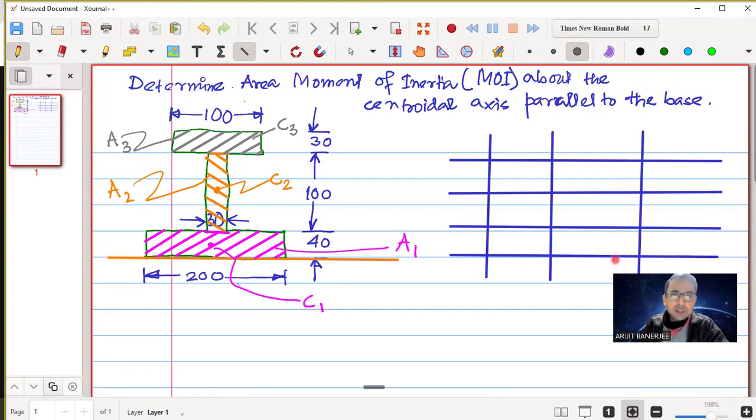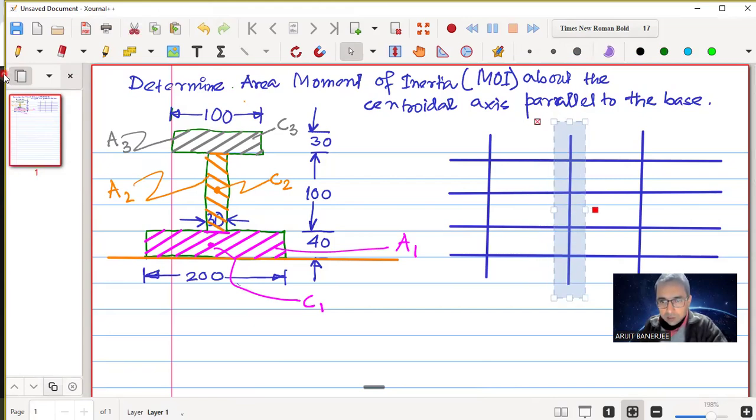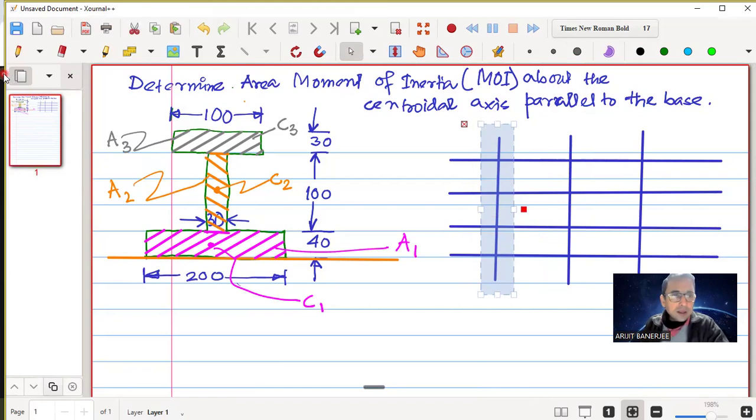But for some objects like L shape or Z shape, or C shape, we do not know the x coordinate of the centroid. So for those shapes, since they are not symmetrical, the x coordinate also needs to be determined. Okay, so this is the x coordinate and this is the y coordinate. Therefore, we will do that.